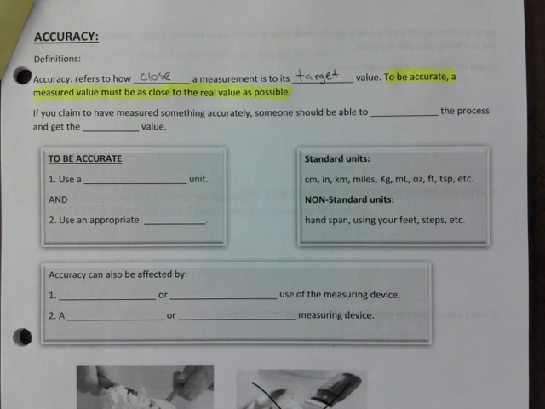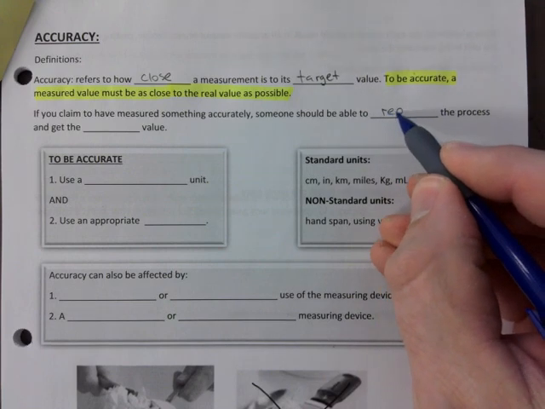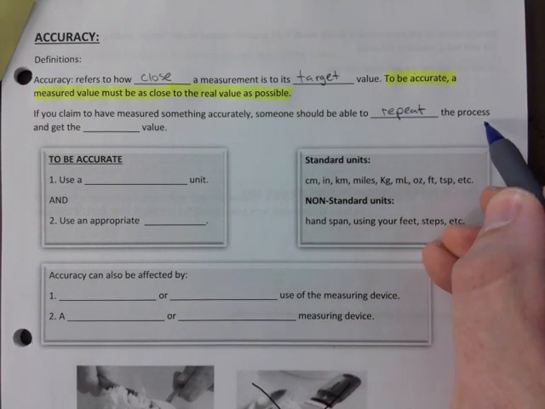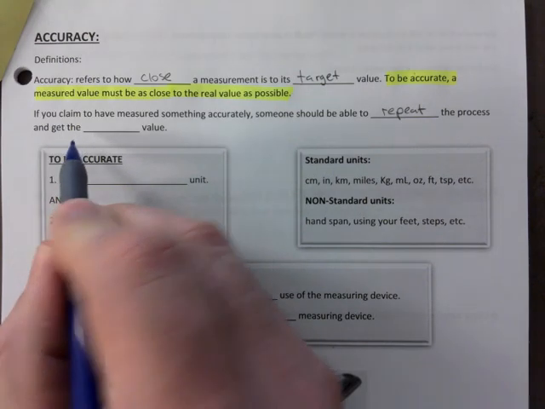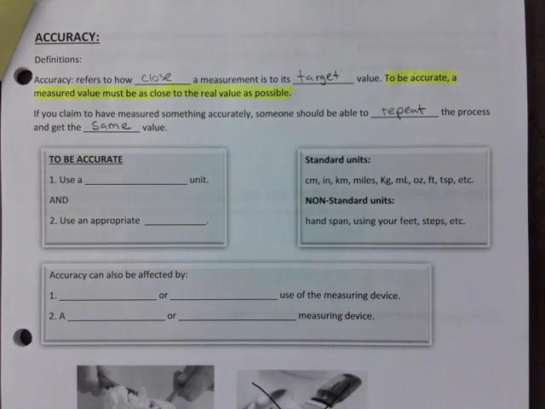If you claim you have measured something accurately, someone should be able to repeat the process and get the same value. Okay? If you say, hey, I think I'm pretty accurate, I should be able to give that tape measure to someone else.